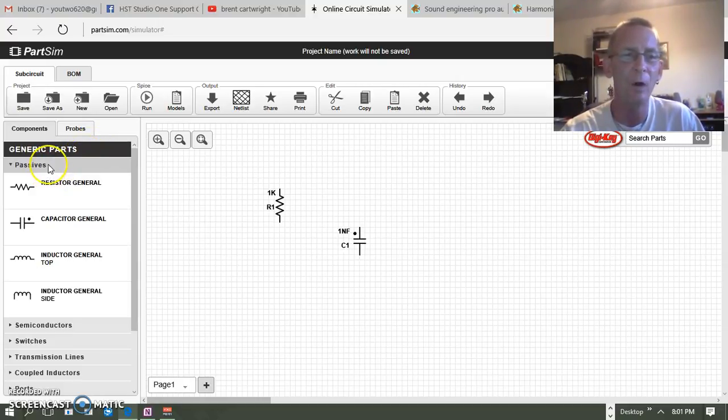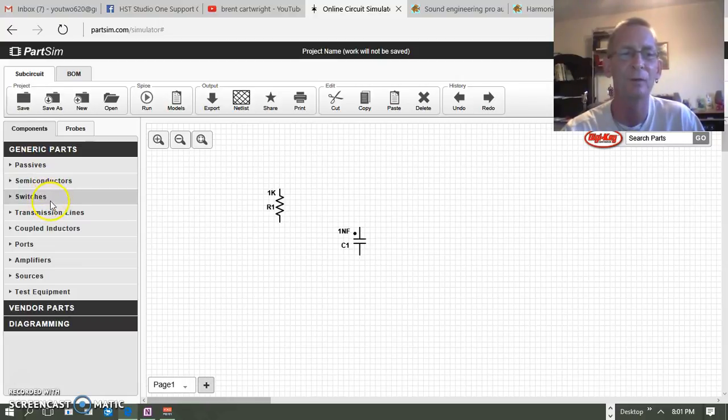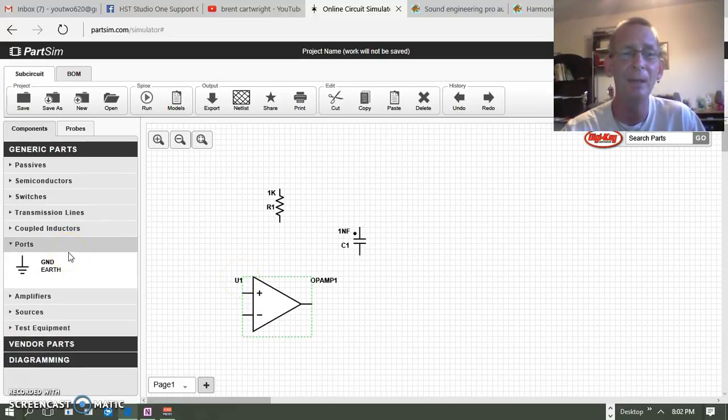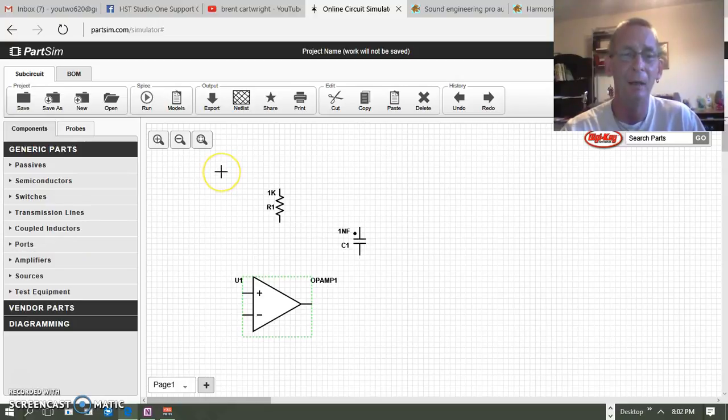Just basics. There's all kinds of things in there, semiconductors and switches and inductors, ports, amplifiers, different types of amplifiers, op-amp basics, simple things like that. Get a basic understanding of the electrical components in circuitry. Just a base. You don't have to get in depth and become an audio engineer, but just a basic understanding.